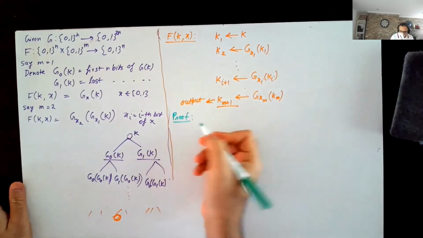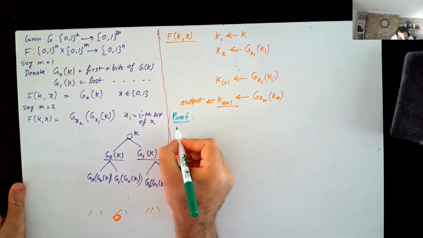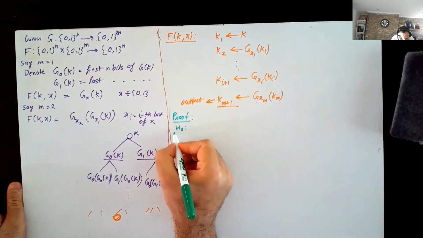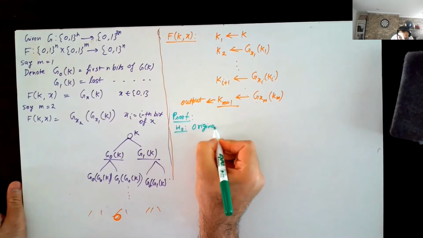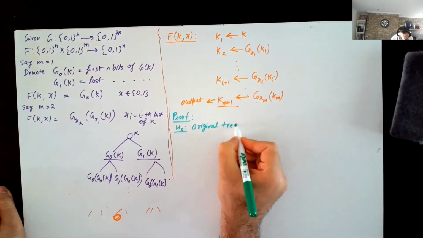So in our proof, we will consider the following set of hybrid arguments. H0 is our original tree.